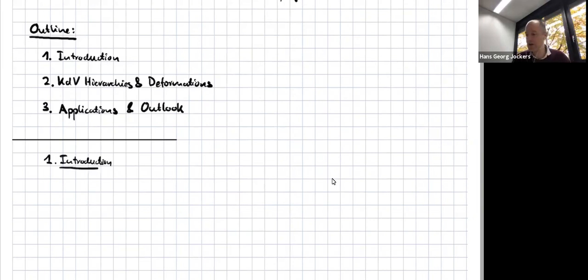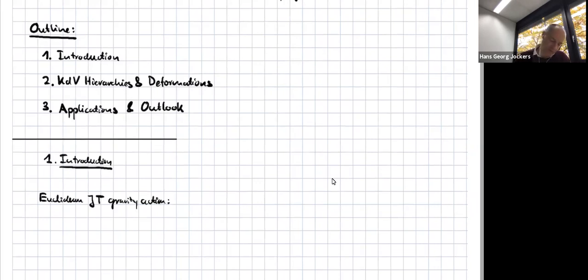So the key player in this game is going to be the Euclidean JT gravity action, Jackiw-Teitelboim gravity action, which takes the following form.